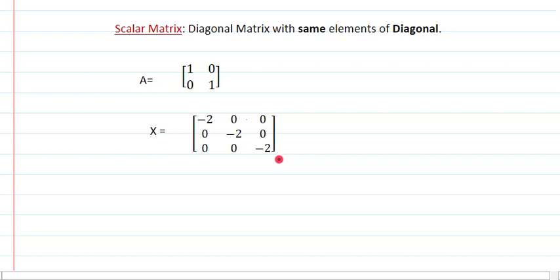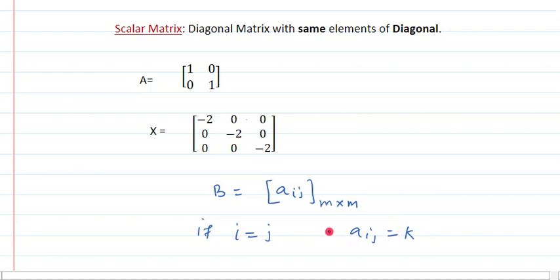So in general, we can define scalar matrix as B is equal to Aij of order m by m or n by n, because it should be a square matrix, such that if i is equal to j, then Aij is equal to, let me take this same number as constant.